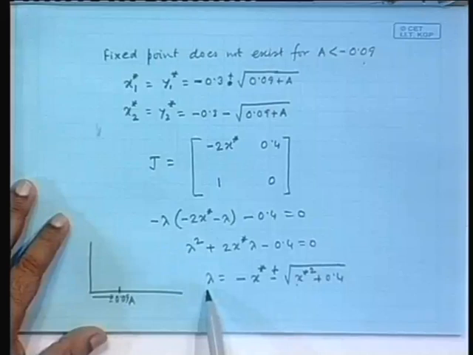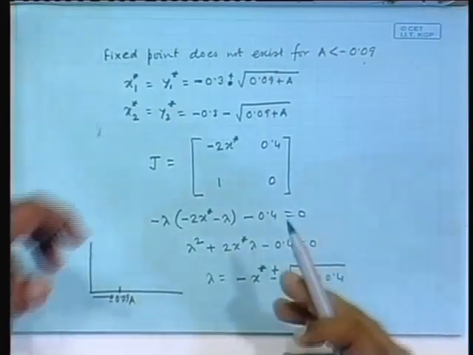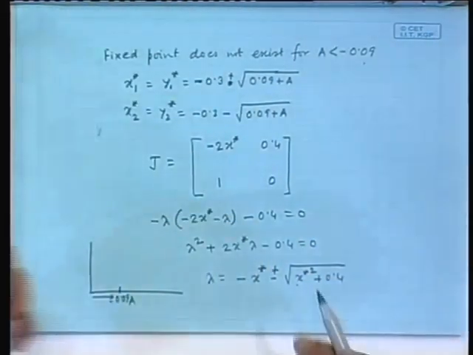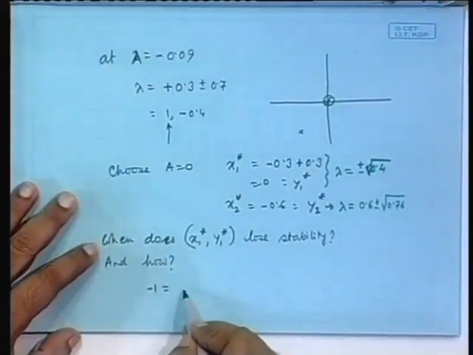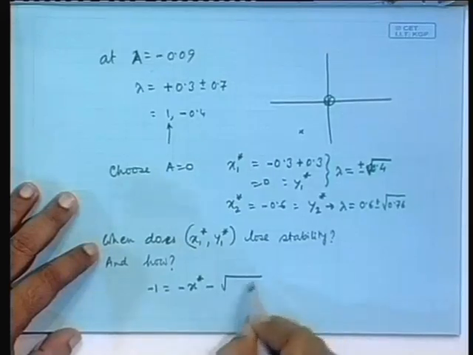So, here you put -1, and it is logical to say that in that case you will have to take the -1 here. There are two eigenvalues, plus and minus. The one with the plus will be more to the positive side than the one with the minus. Therefore, if one goes negative, then only this fellow can. So, you will have to substitute it like this: -1 is equal to minus x star minus root over x star square.